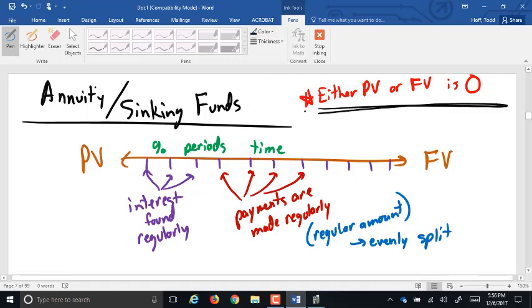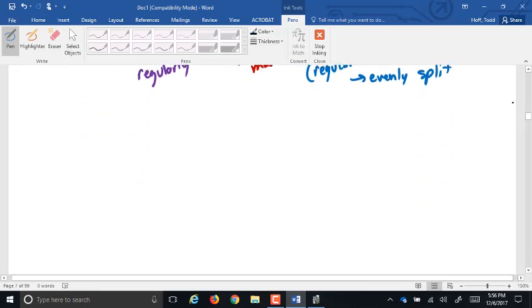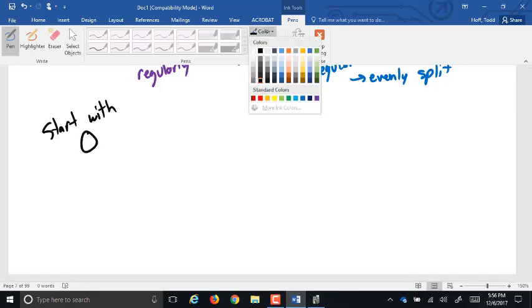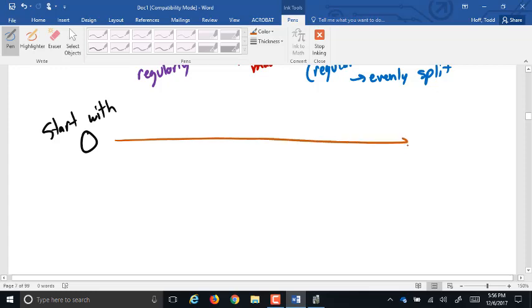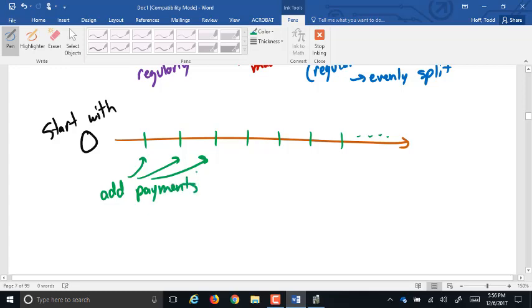So we said that either the present value or the future value is zero. What we're going to start out with tonight is we start with zero. And we are going to, at regular intervals, add in those regular payments.